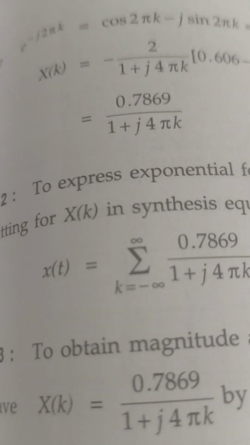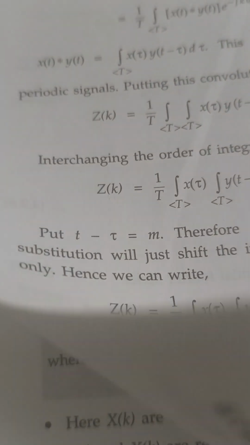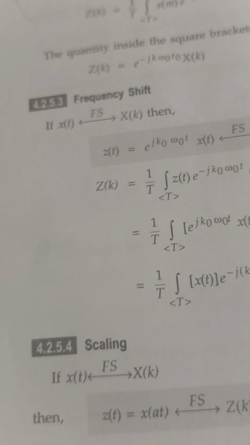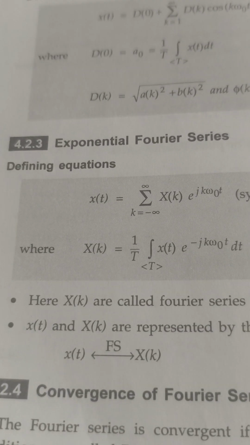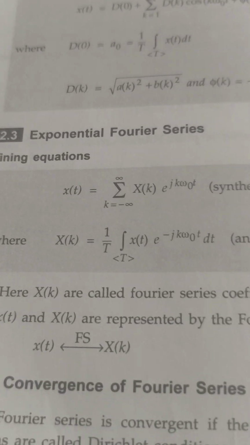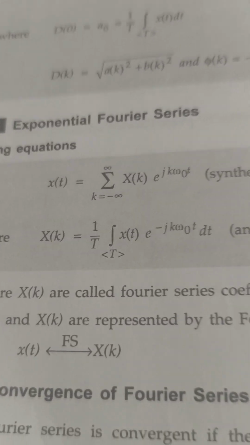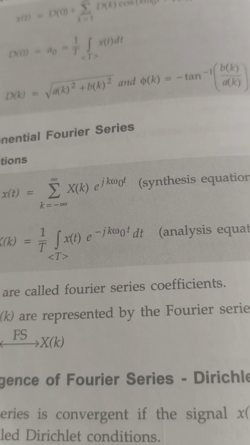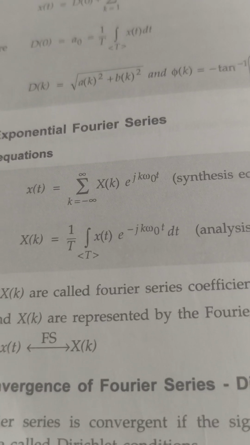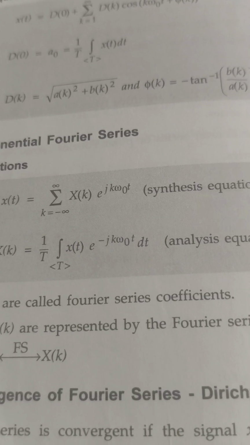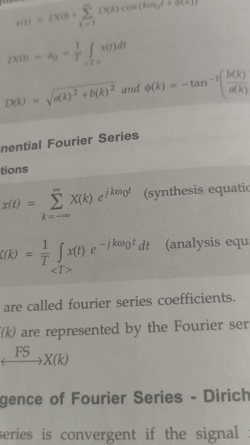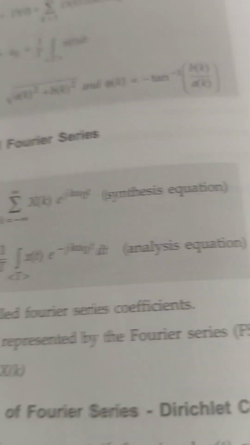Already told that we defined two equations in the exponential Fourier series. Using the defining equations, we can obtain x of t. This is called the synthesis equation, that is summation of k equal to minus infinity to plus infinity X of k e raised to j k omega naught t.